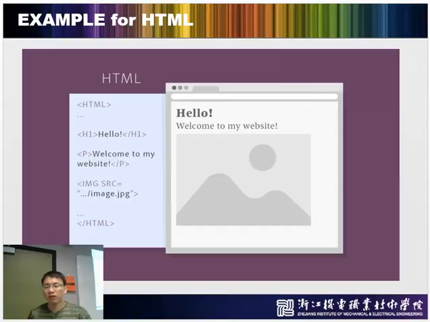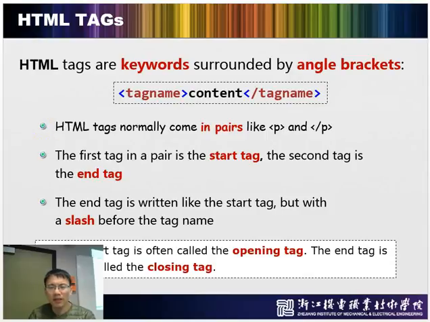Let's talk about how to code HTML tags. HTML tags are keywords surrounded by angle brackets. Here is the content. At the left is the tag name, and on the right side is the tag name.